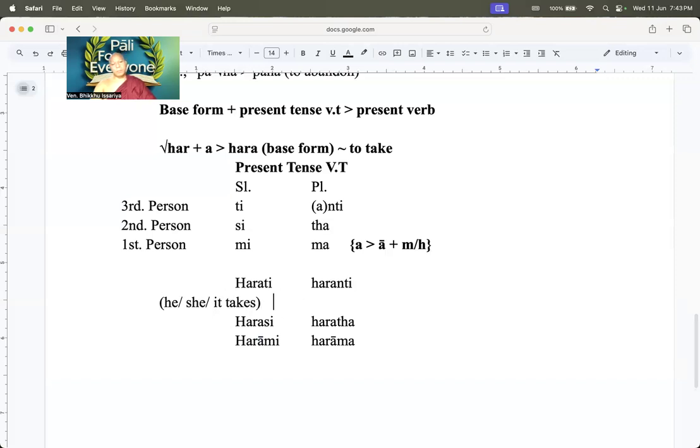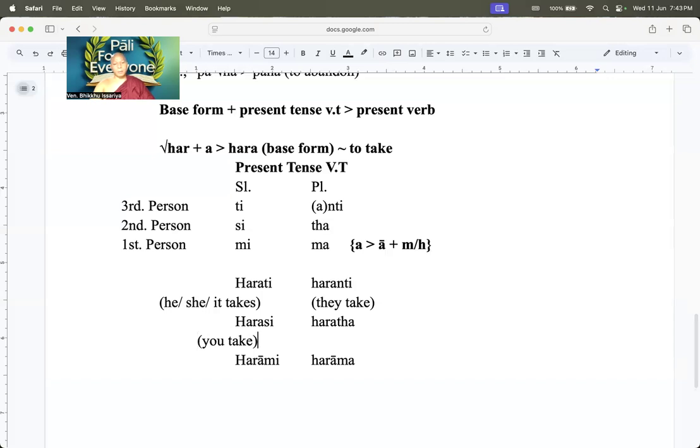But for plural, they take. And you, you take, even though it is singular.